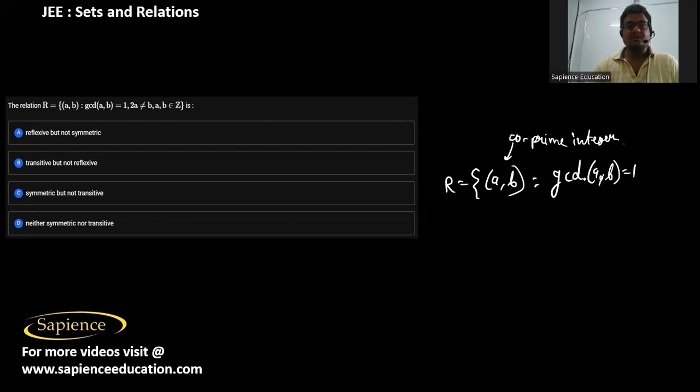So the greatest common divisor or the highest common factor of a and b is 1, and 2a is not equal to b, where a and b are some integers. Then we have to find if R is reflexive, symmetric, or transitive.